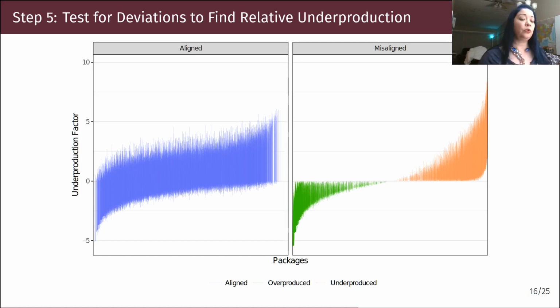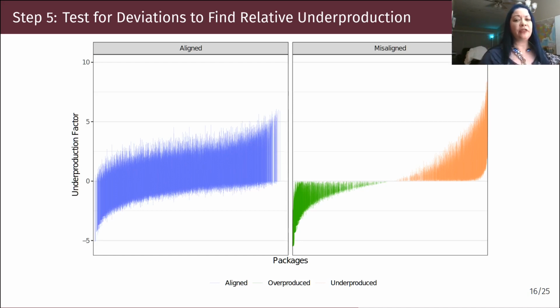So this shows the estimated underproduction factor for each package. Because we're taking a Bayesian approach, our estimates are not points but distributions. There's a single color-coded vertical line for each package, indicating the 95% credible interval for our estimate. The orange color here shows those packages where the 95% credible interval crosses 0.